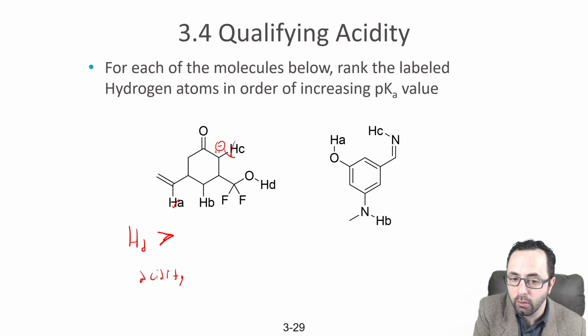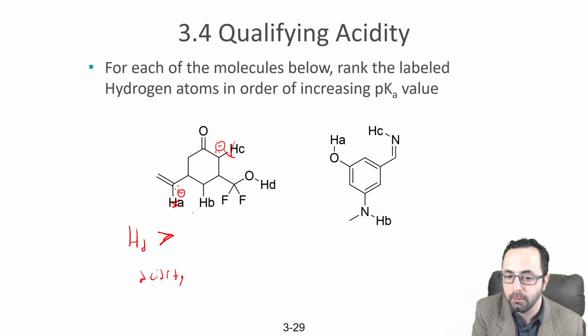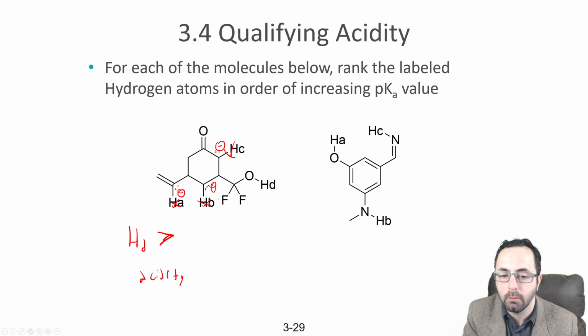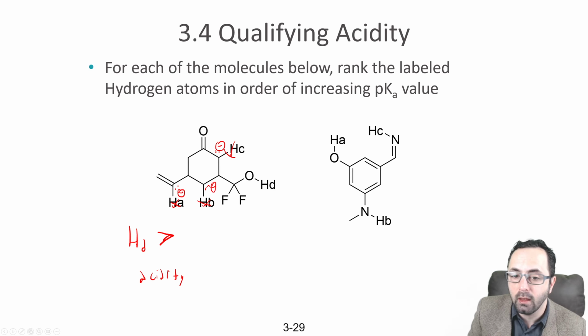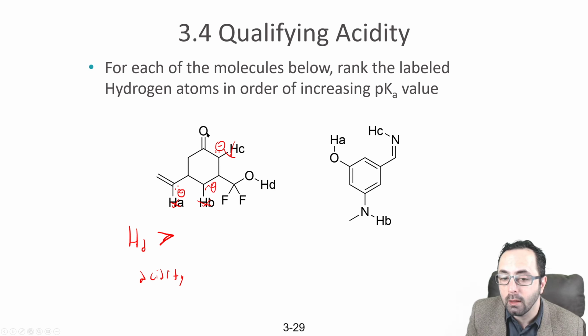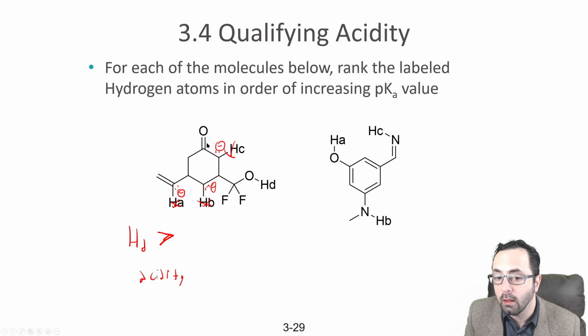If this one goes away, there would be a negative formal charge here on this carbon. And if this one goes away, there will be a lone pair here and a negative formal charge on this carbon atom. So this one has an allylic lone pair.